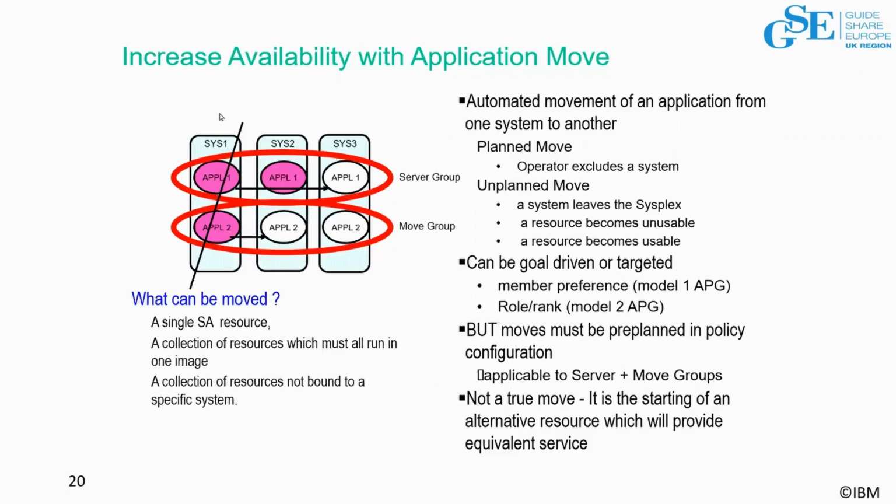Calling it a move is a slight misnomer, because the actual application, the actual DB2 system itself is not physically moved to a different box. You start a new resource on a different system. So it's called a move, but it's just making sure that an equivalent resource is available somewhere in the Sysplex.